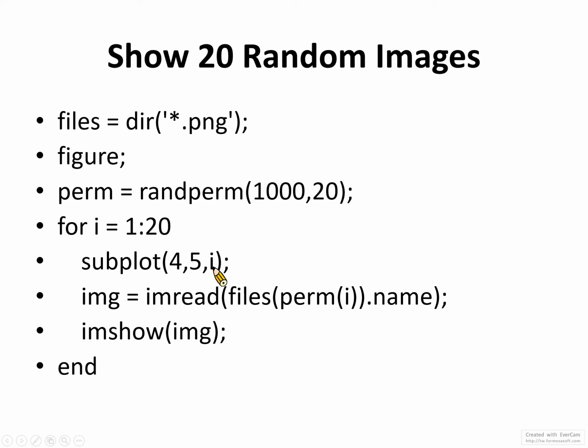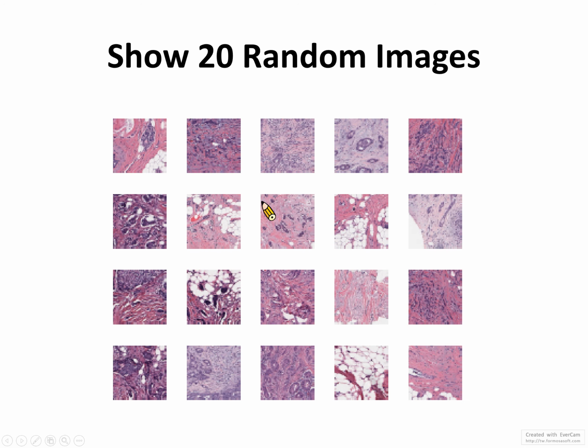For these 20 indices, we then use subplot to read and plot the images. This is very similar to the previous slides, but I replace the file names with the index from randperm. Then I show these images in subplots of the whole figure. So the result could be this one.